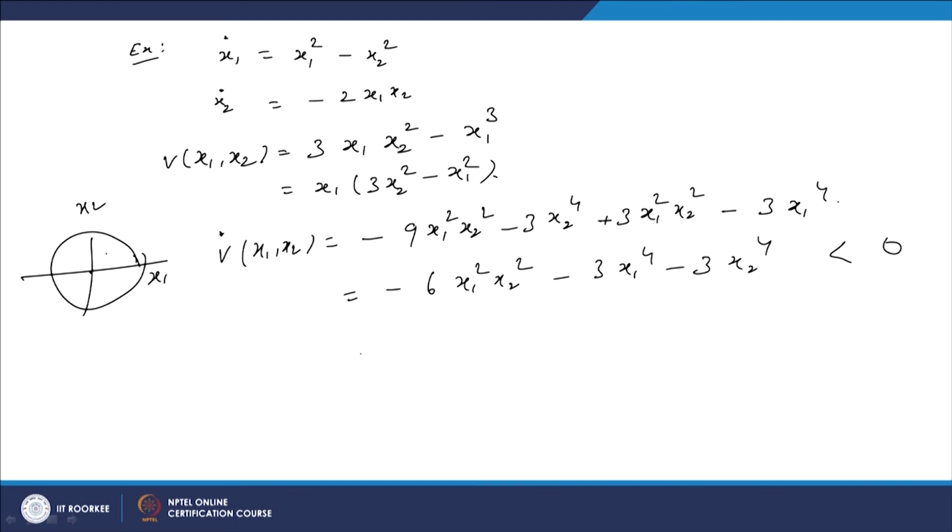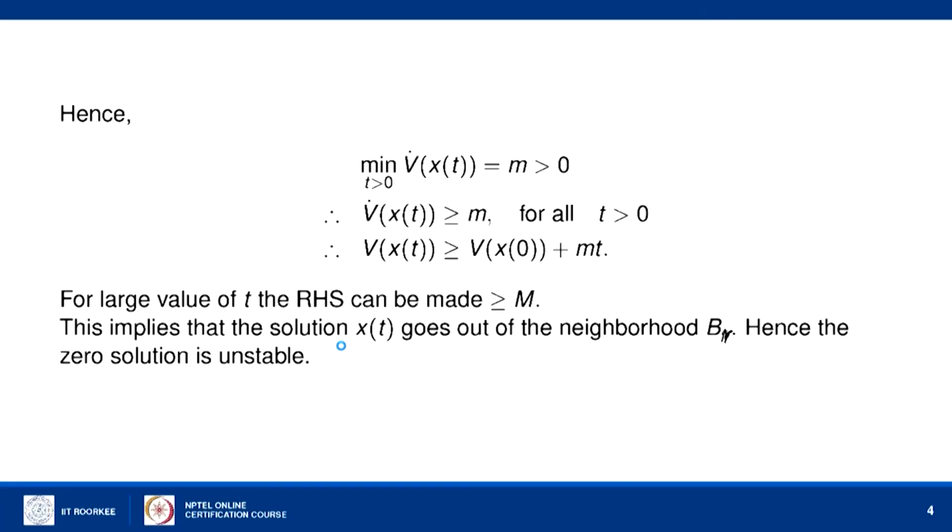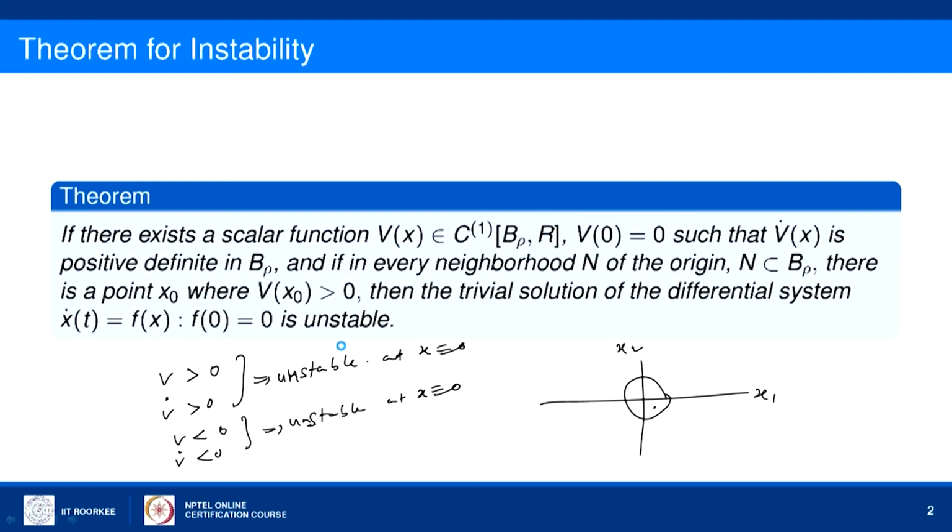So this implies, according to the statement of the theorem, that if in a neighborhood V is positive and V dot is also positive, the system is unstable. The reverse is, if in a neighborhood V of x naught is negative and V dot is also negative definite, then the system is unstable.